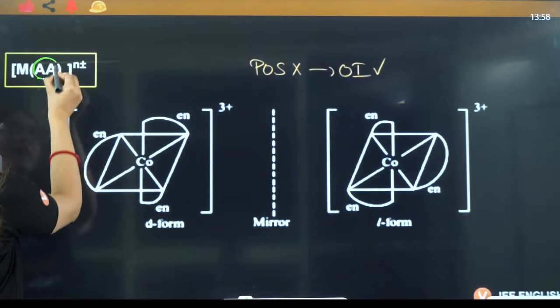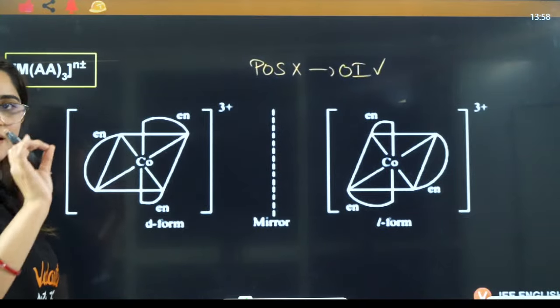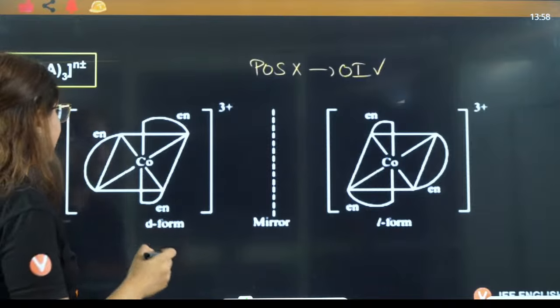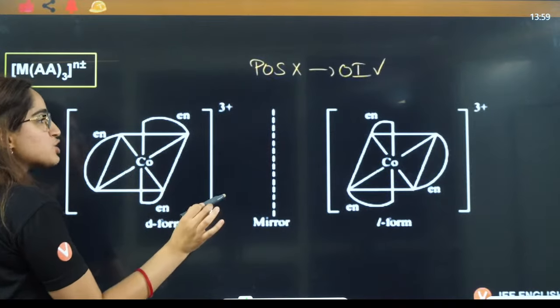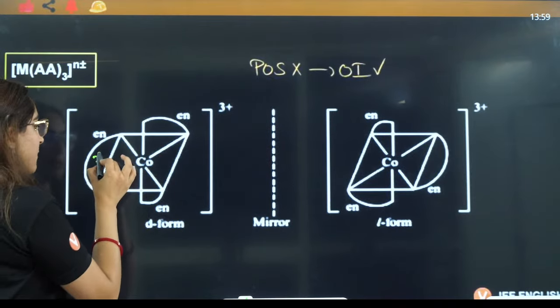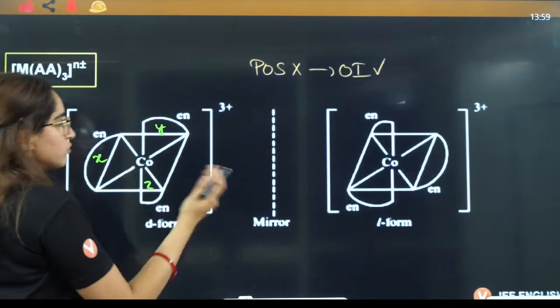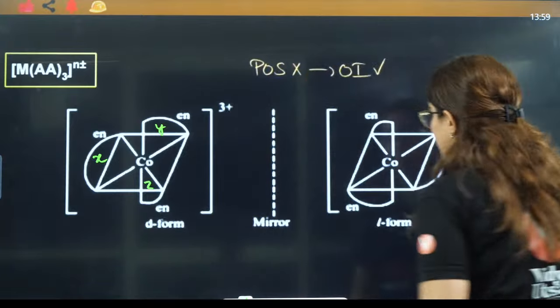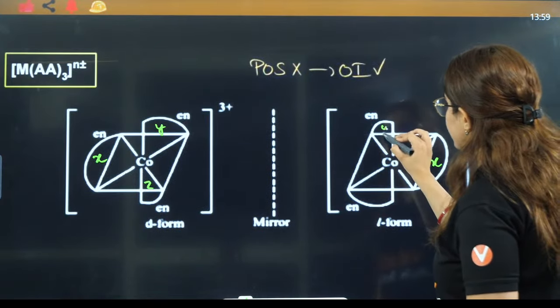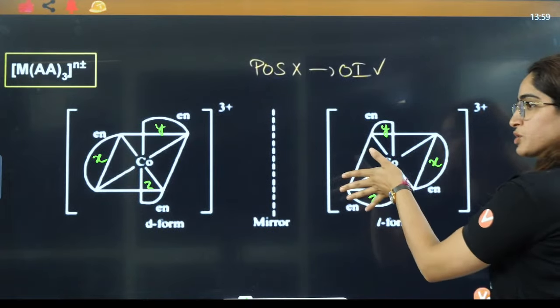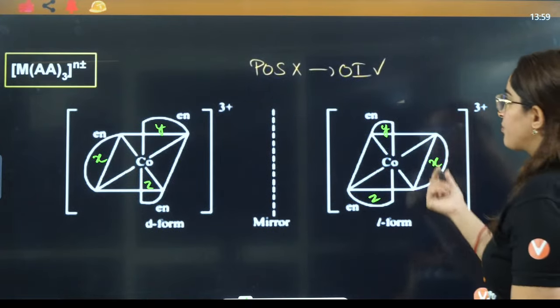If you have AA thrice, that means three symmetrical bidentate ligands. This will always show optical isomer. For example, this is X, this is Y, this is Z, right? Now, if you take the mirror image of this one, this is X, this is Y, and this is Z, right? Now, ma'am, this is non-superimposable. Ma'am, if you rotate, ma'am, it will be superimposable. How?